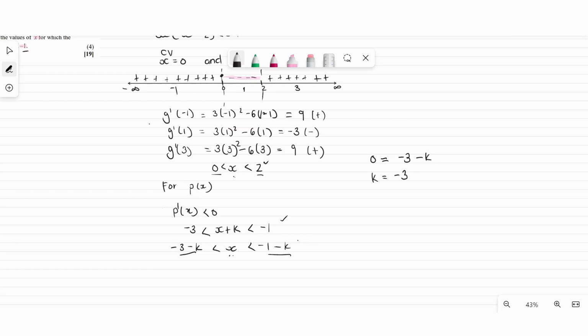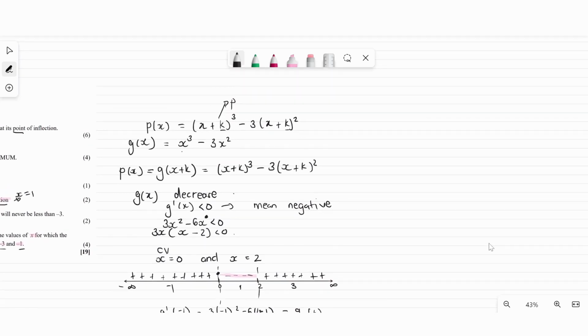Let's check what k is on this side. Equate this 2 with this one, negative 1 minus k is equal to 2. Take this negative 1 to the other side, it becomes positive, so negative k is equal to 3, therefore k is equal to negative 3. Do you see that now we know that k is equal to negative 3? So let's go up to the first part. Since k is negative 3, what does negative 3 mean?